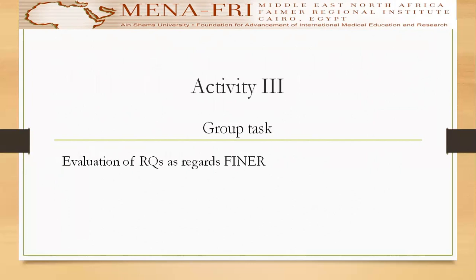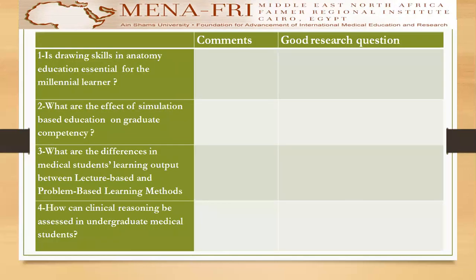This is an activity, a group task activity. I'll give you a research question for each group. You will criticize this research question and write a good one. The first one is: Are drawing skills in anatomy education essential for the millennial learner?